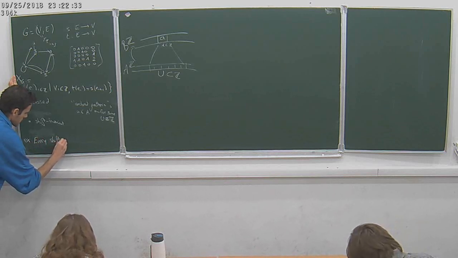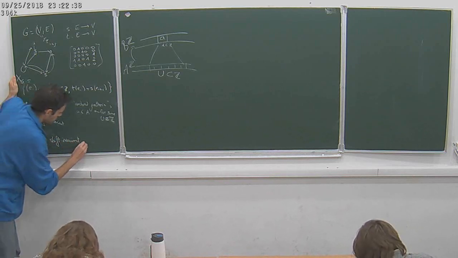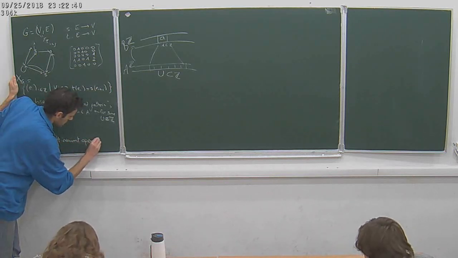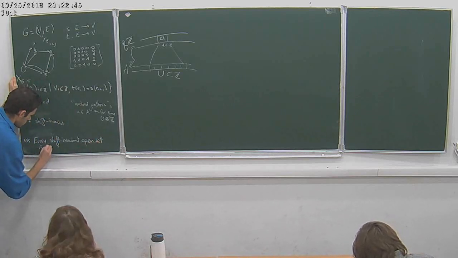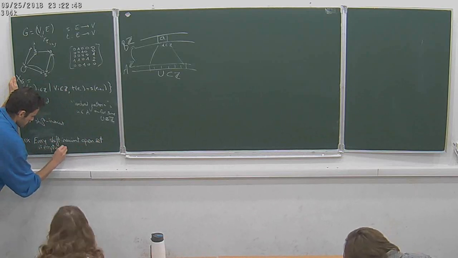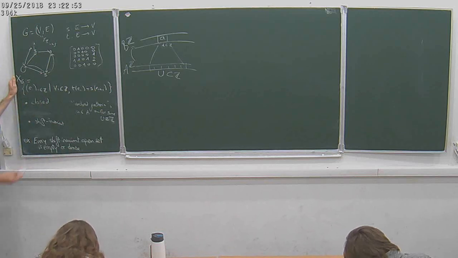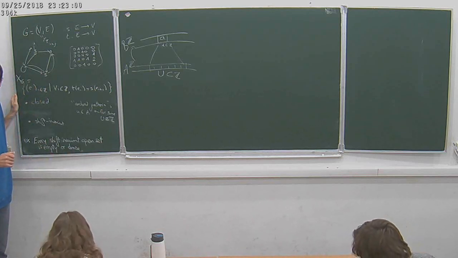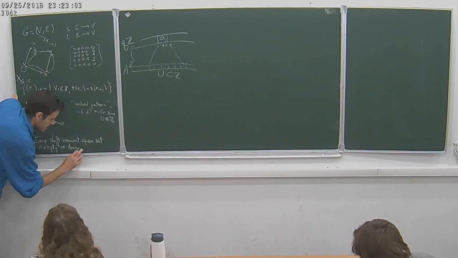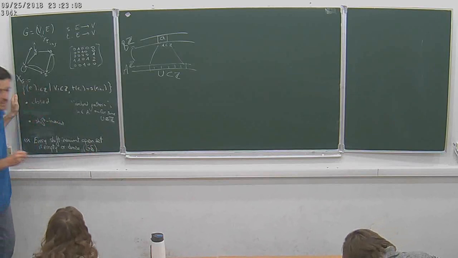A shift invariant open set is dense or empty. These are the complements of the subshift. And actually, you can prove that these are G delta sets, for those who know.